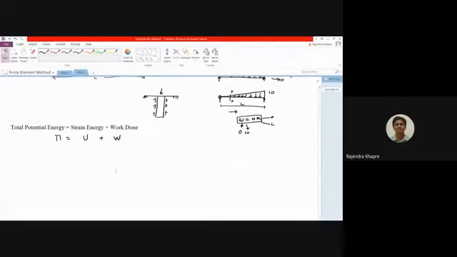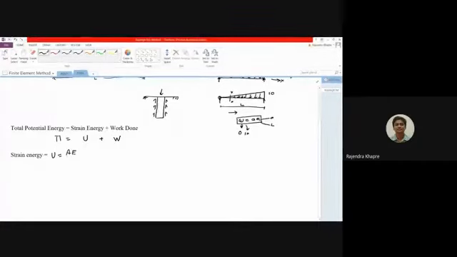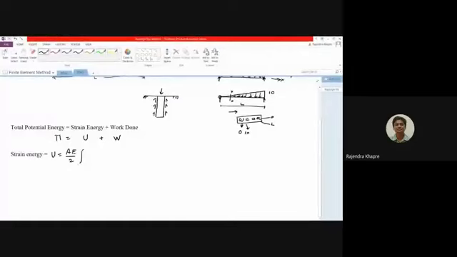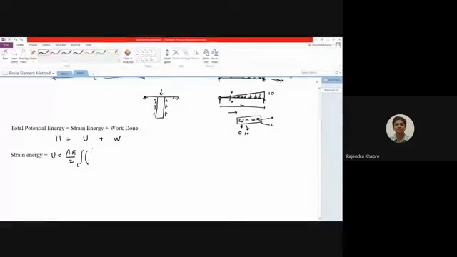Okay, so in the previous class we have seen the equation for the strain energy. Strain energy U equals AE divided by 2, integration over the length, of (du/dx) whole squared into dx.